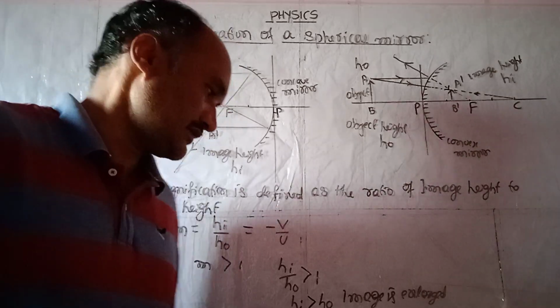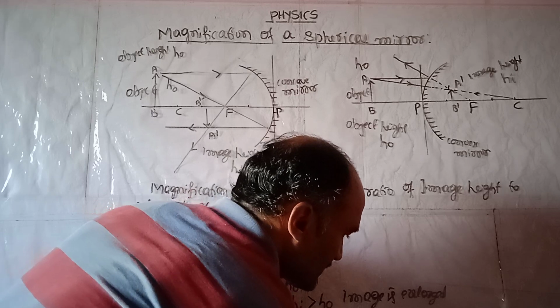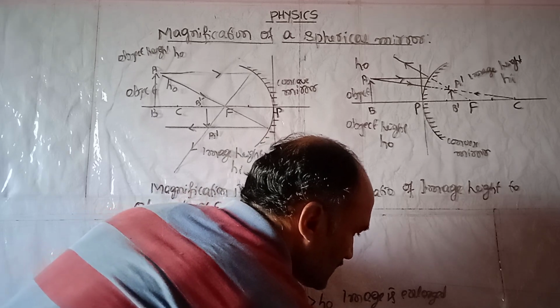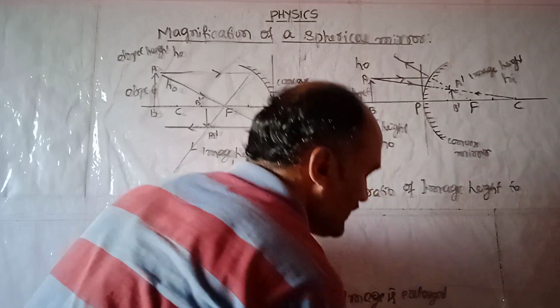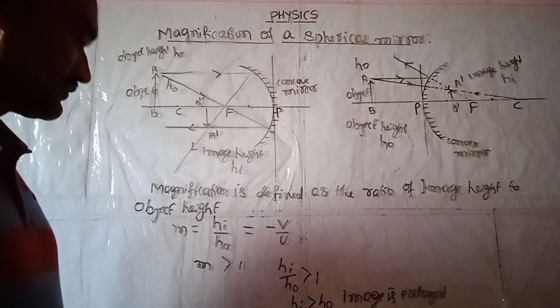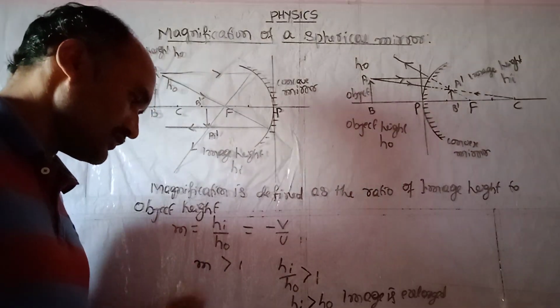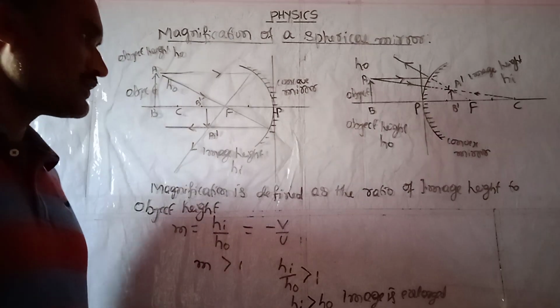Both are the same size, so the image is the same size as the object. These three points are to be noted. So this is magnification.